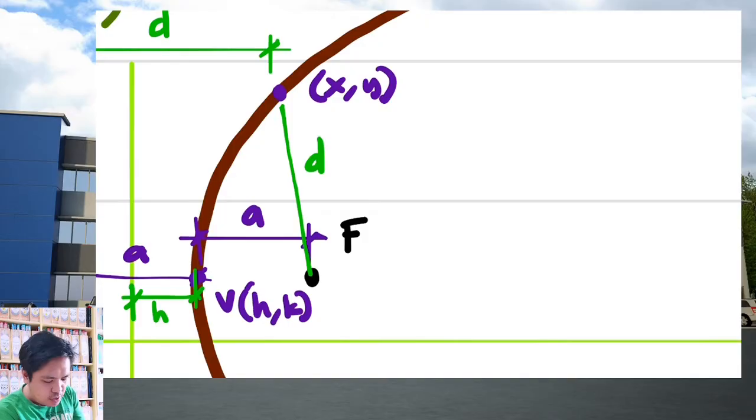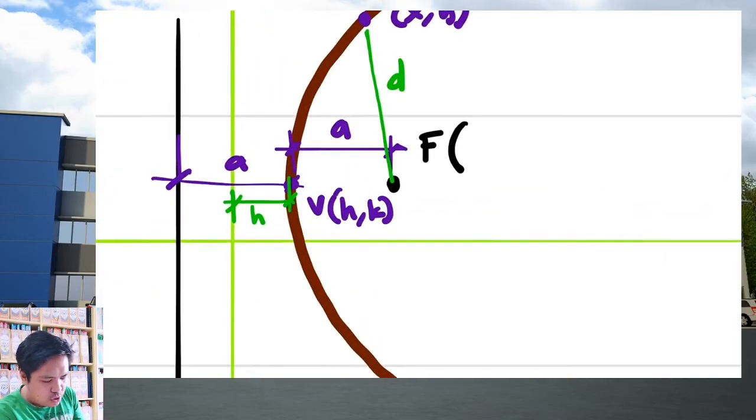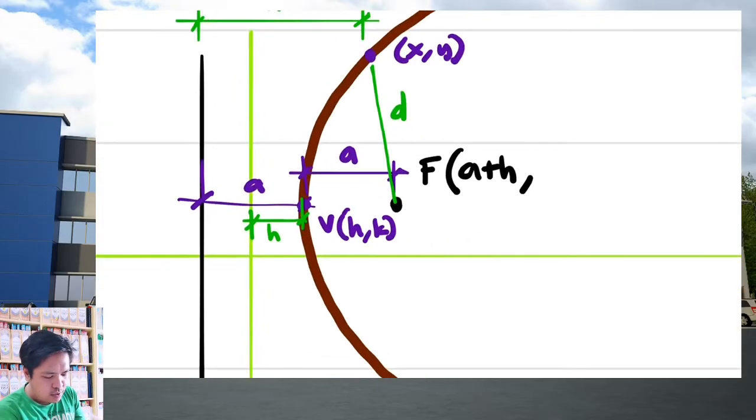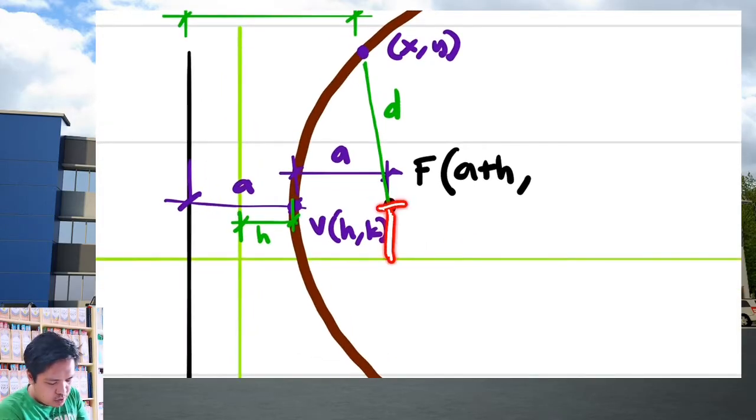But let us label first the coordinates of the focus. Of course, the x value of the focus is here. From here to here, that's a, and this is h. So this distance is h plus a, or we can reverse it, a plus h. Then, of course, the ordinate is just k.